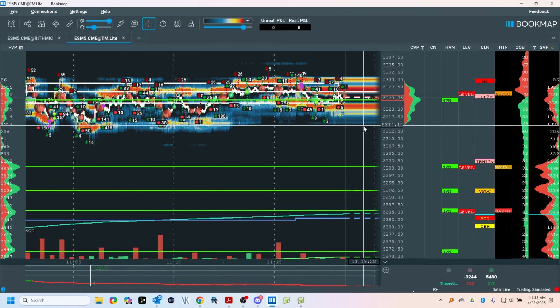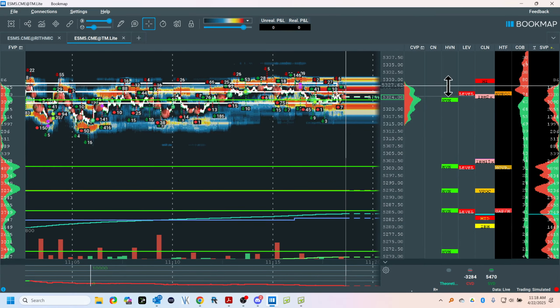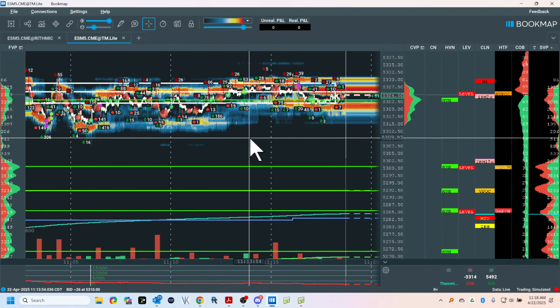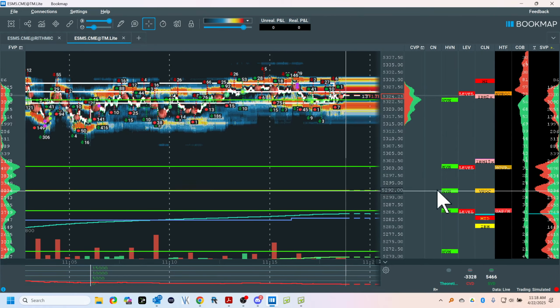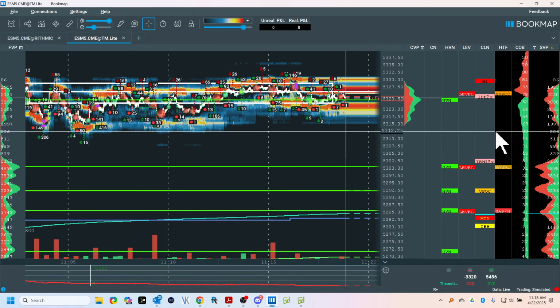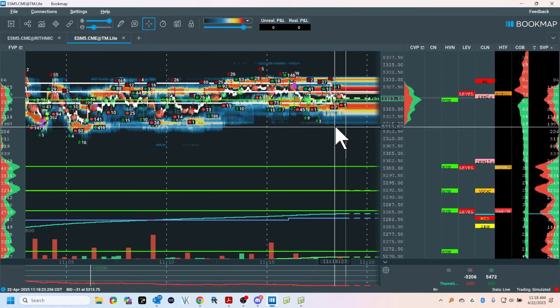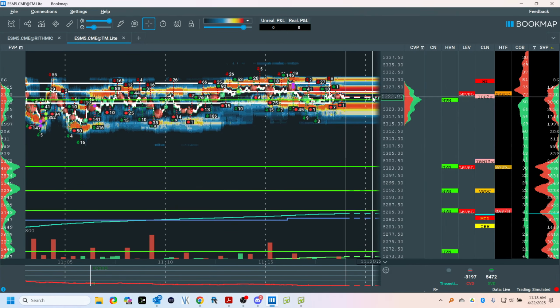So we have the possibility to come out here, come back there to the high volume node, or fall out, take the stops, and keep going down to VPOC, which is this one. So I know that if I have to fall out of this to come down here. If I don't fall out of this, then it's mean reversion for long continuation trades. So that's the process. Now we have to see what it does.